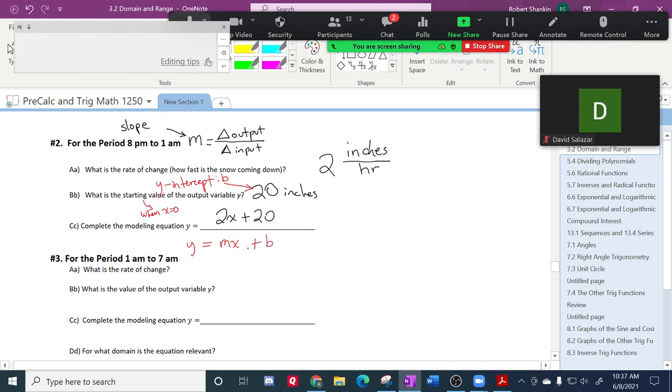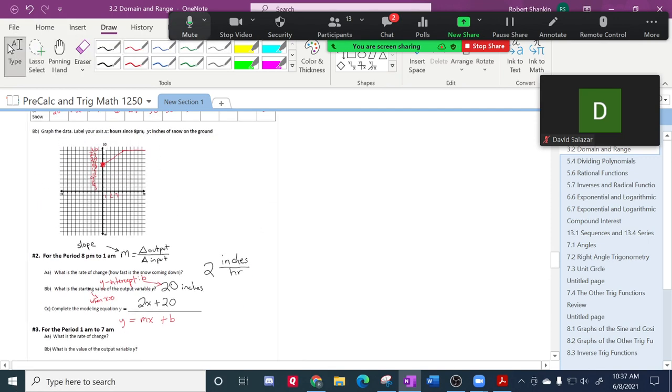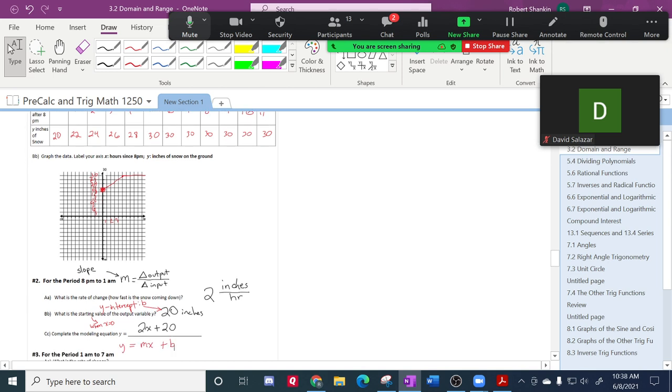And it makes sense in this case. The 20 that we started with is a one-time deal. Started with 20 inches. The 2 is the variable kind of thing. It's how these two relate to each other. Every time the x goes up by 1, the y goes up by 2. So increasing the x by 1 causes the y to go up by 2 only if you multiply the x by 2.